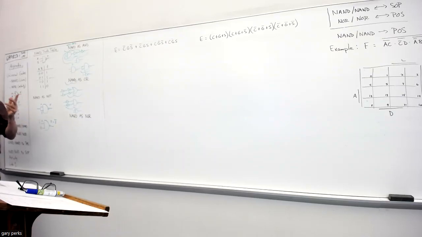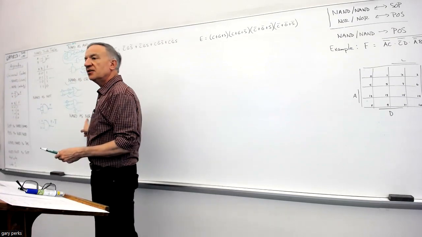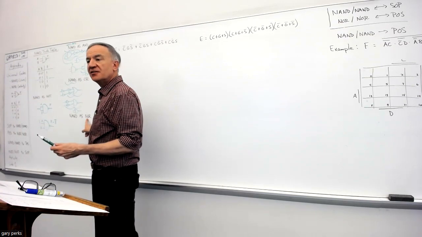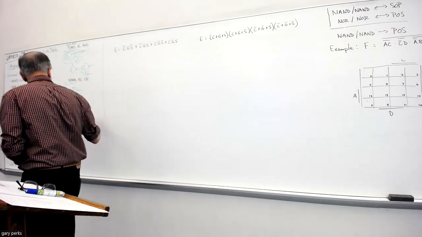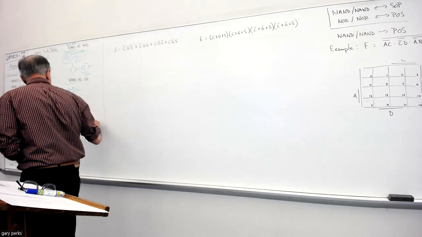Everyone's good? All right, if you understood this, this should make sense. Because now to make a NOR gate with the NAND, what does NOR stand for? Not OR, which is an OR gate with an inverted output.